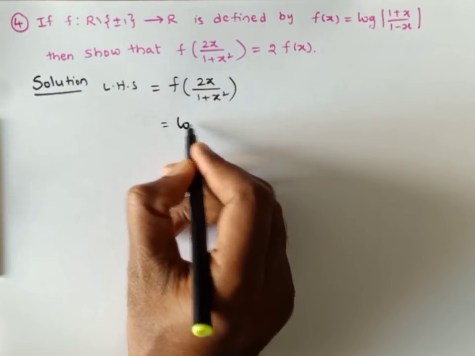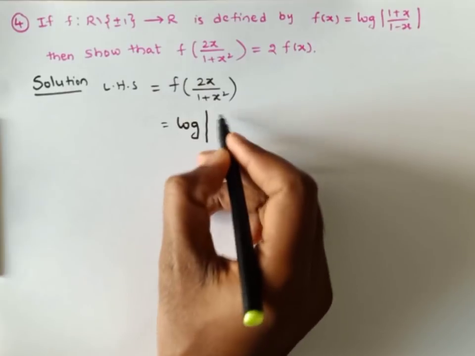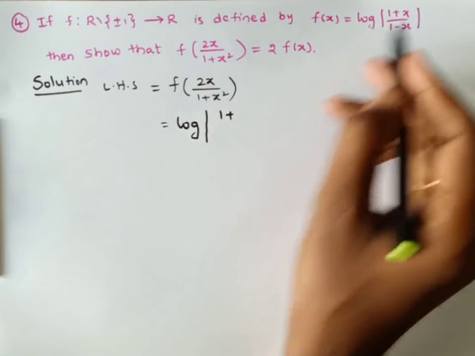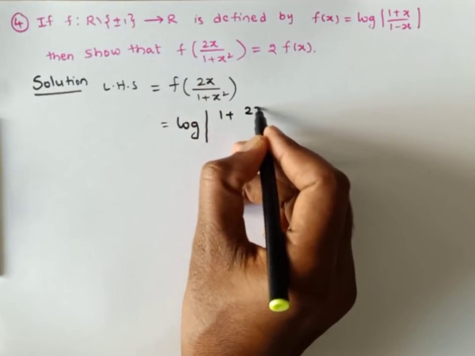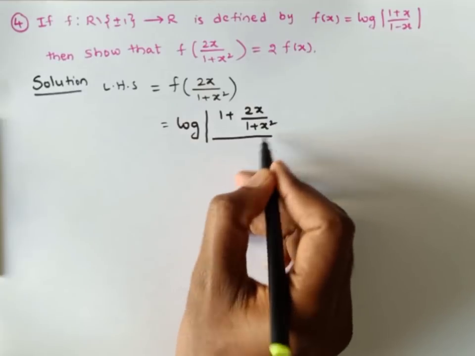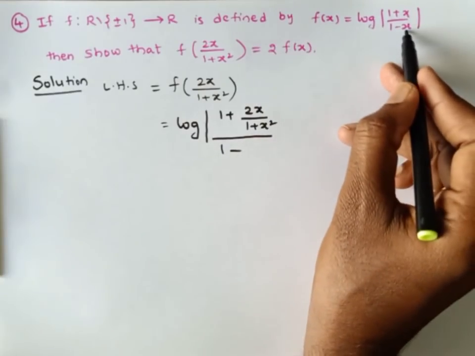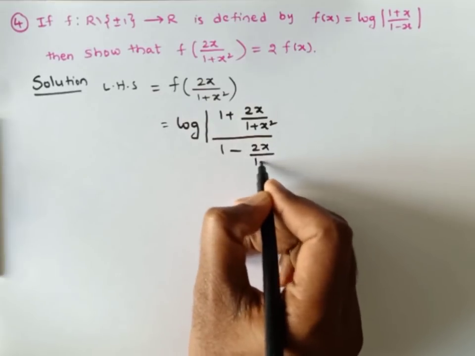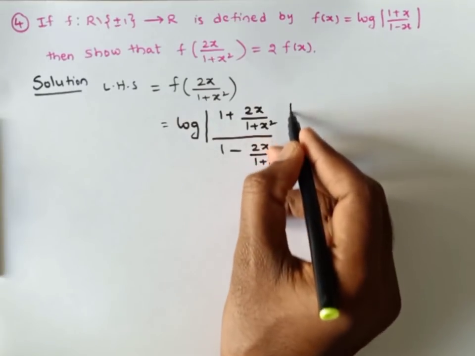So that becomes logarithm of 1 plus 2x divided by 1 plus x square, whole divided by 1 minus 2x by 1 plus x square.